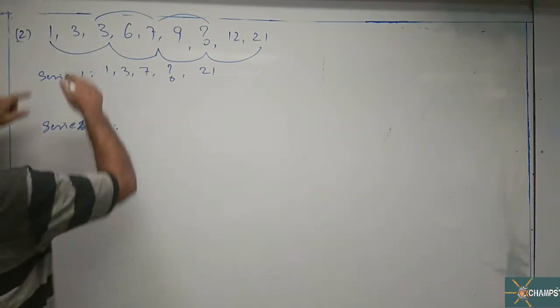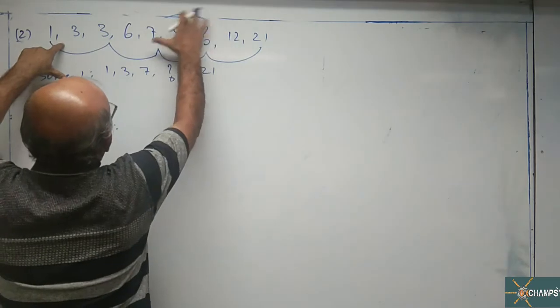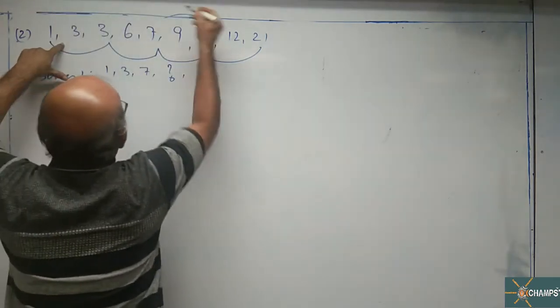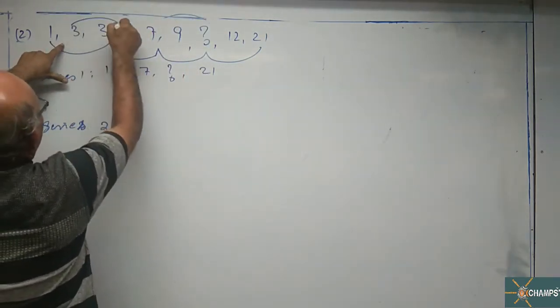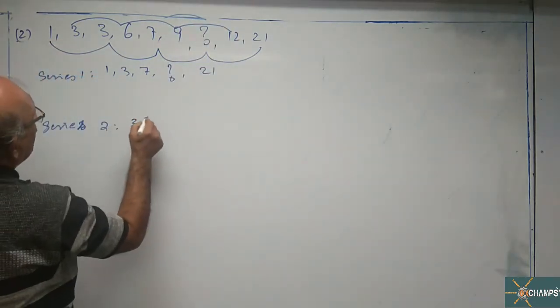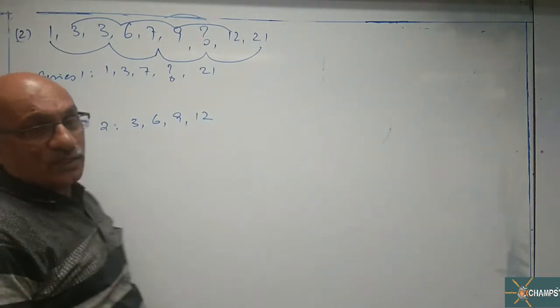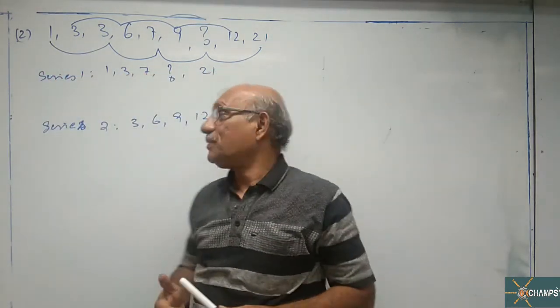Now terms which are at even places, sir. Look at this, terms at even places: 3, 6, 9, 12.